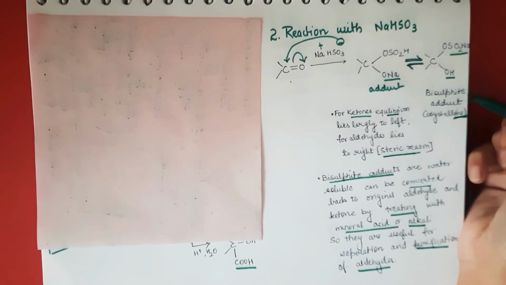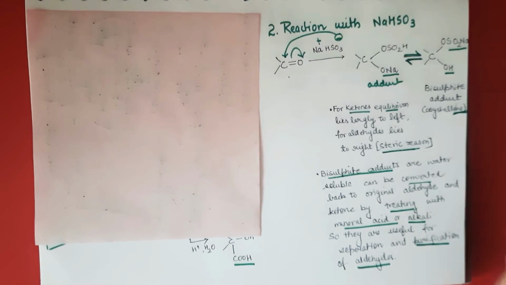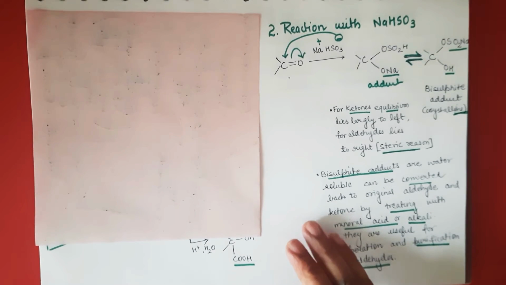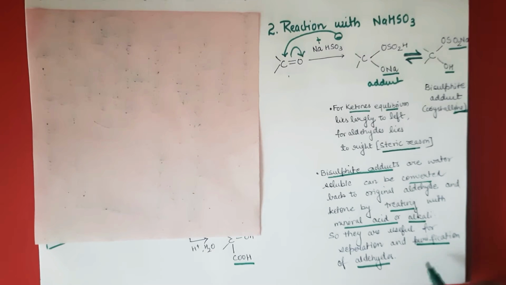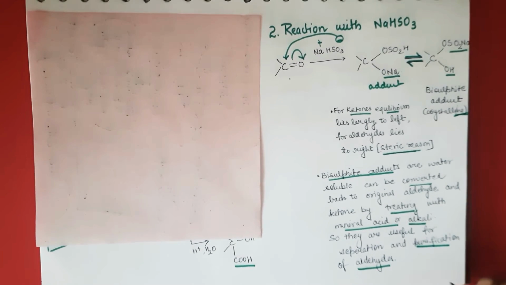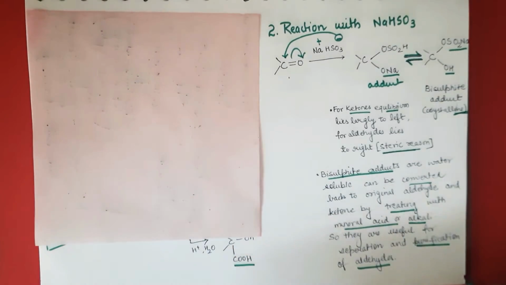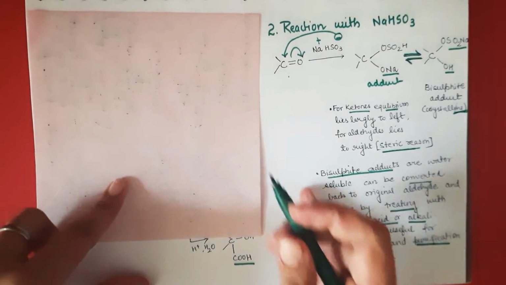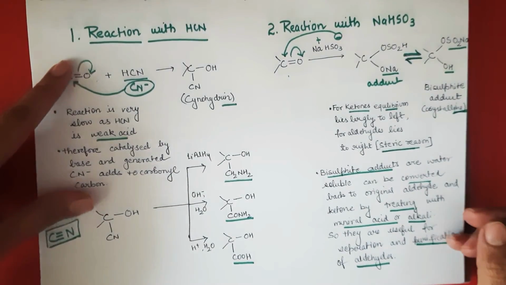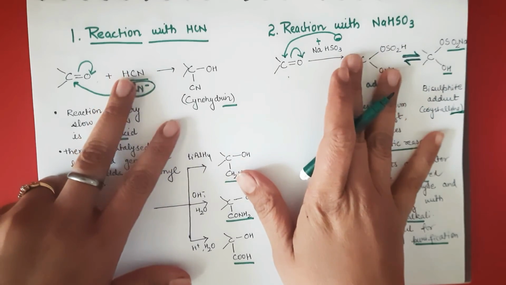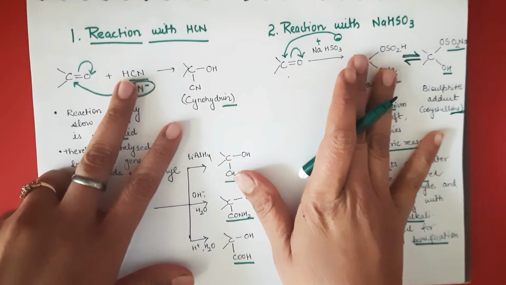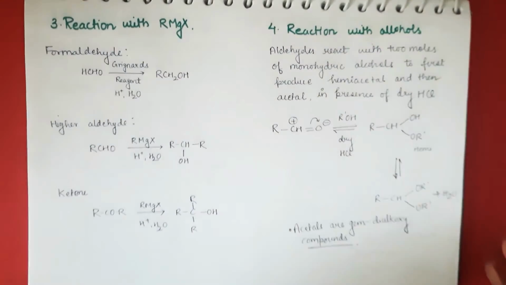We can treat this bisulfite adduct with mineral acid or alkali, and then we can get the respective ketones and aldehydes. So this is also a process for the purification of aldehydes. Here we have studied the reaction of aldehyde and ketone with HCN, and the reaction of aldehyde and ketone with sodium bisulfite. There are two more reactions which are given in NCERT. We are going to discuss that.